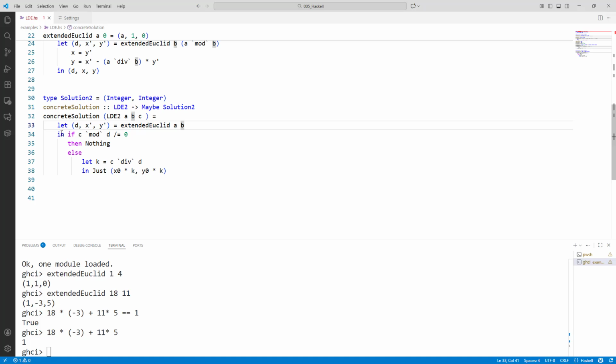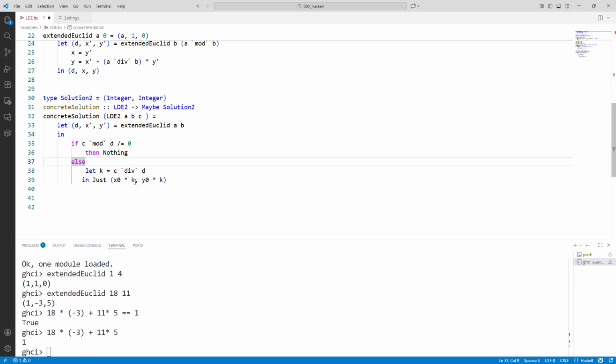So in, I'm just going to remove it like this. So in, and then if, and then something like this. Okay, if C mod D is different than 0, then Nothing.